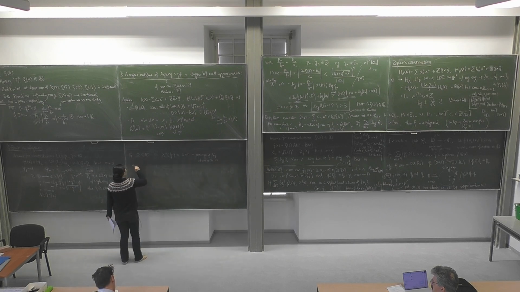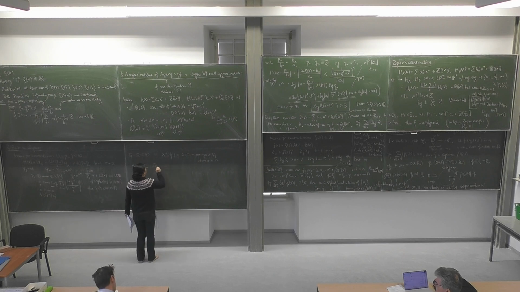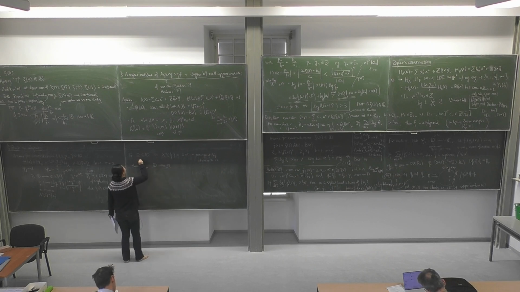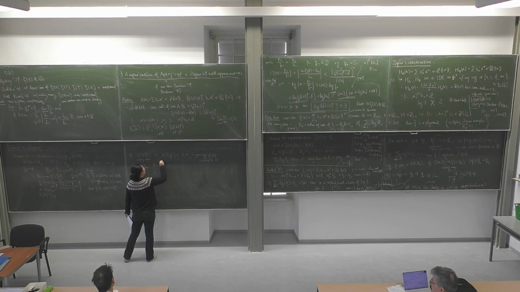Then we take our phi infinity to be the Riemann map from D to omega, simply connected, and still 0 maps to 0.